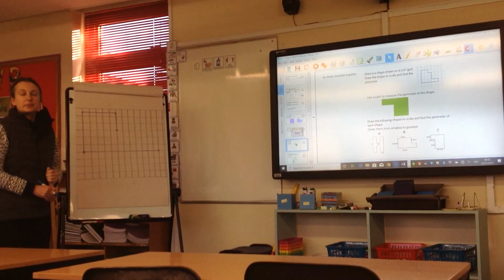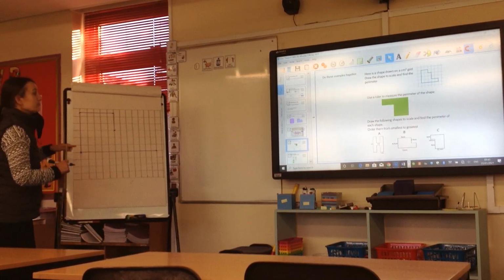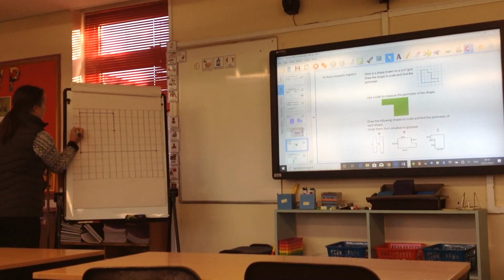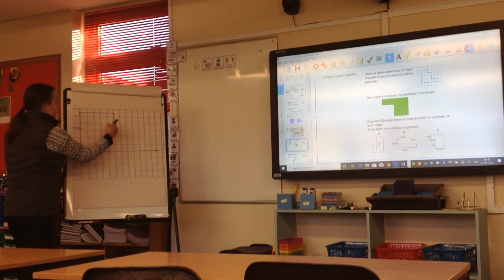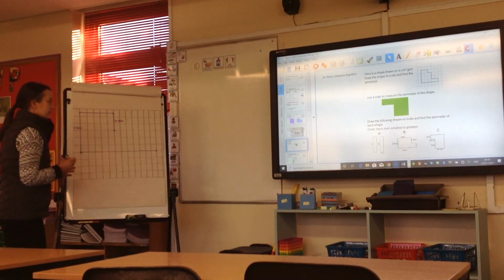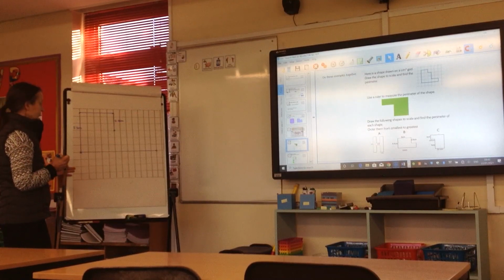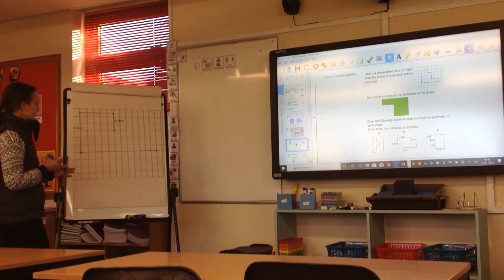The line on the left, which you know is 5.5 centimetres, and the line on the right, going from up to down, is 2.5 centimetres. You can subtract that 2.5 from the 5.5, which would be 3 centimetres.